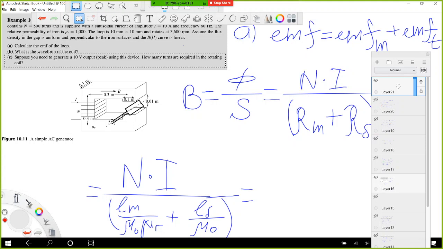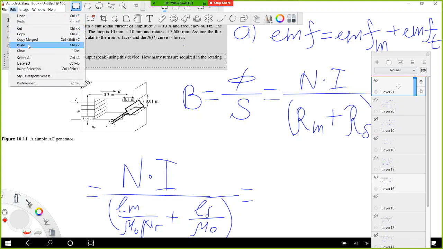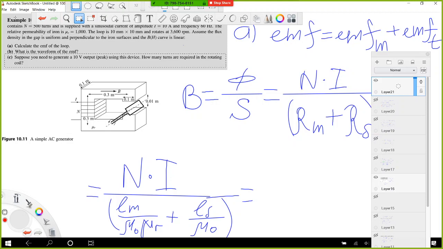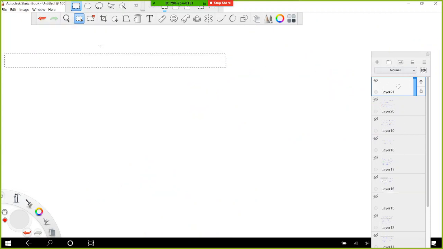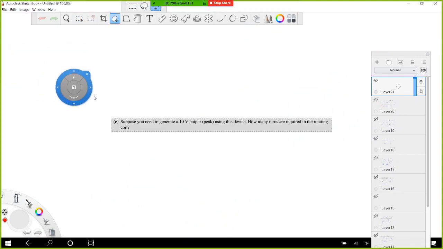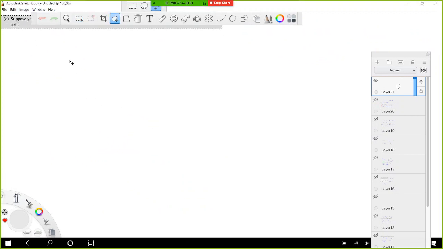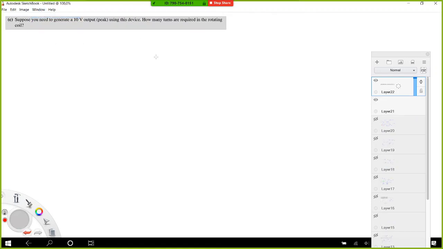Where is the problem? Here is the problem. The third question is saying: suppose you need to generate a 10 volt output peak using this device. How many turns are required in the rotating coil?